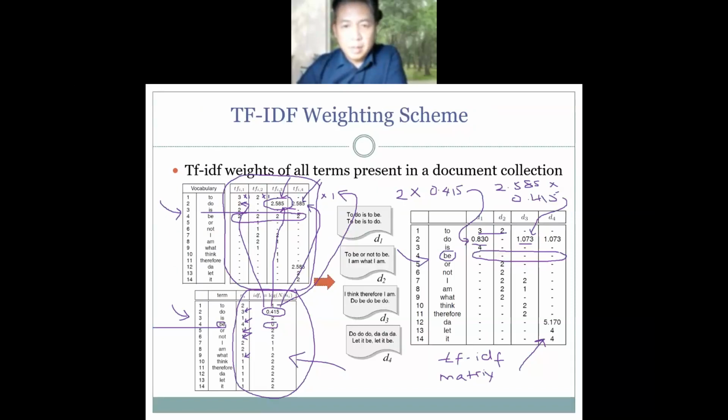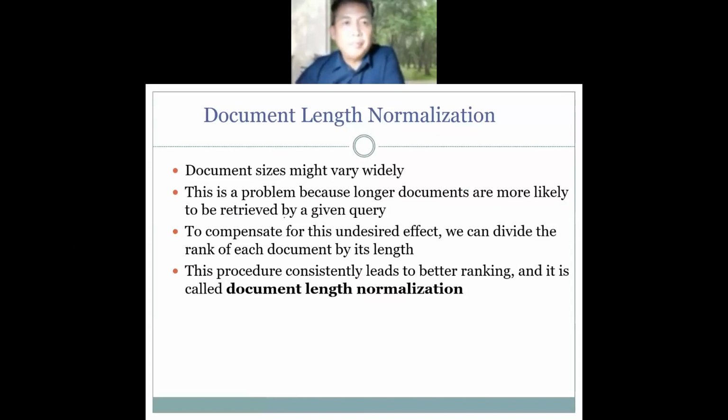Okay. But there is another issue that we need to look into, which is that sometimes the number of words that we have in the document, some are short and some are long. So we need to normalize the term based on the length of the document.